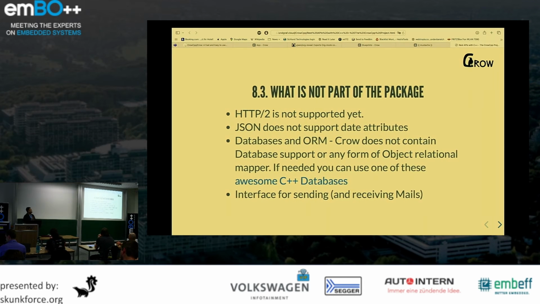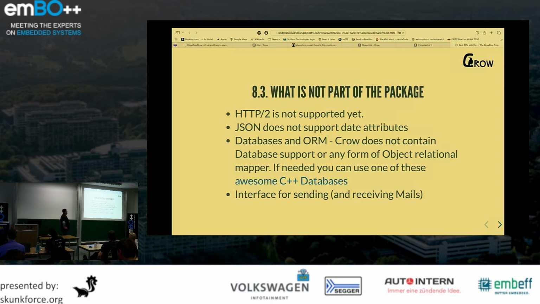Last but not least, what is not part of the package? We don't have HTTP2, and actually JSON does not support date attributes. They use a special encoding in JSON, so this is not supported out of the box.